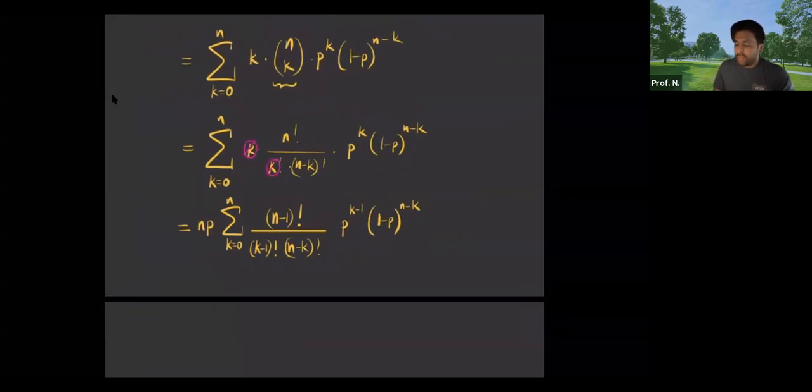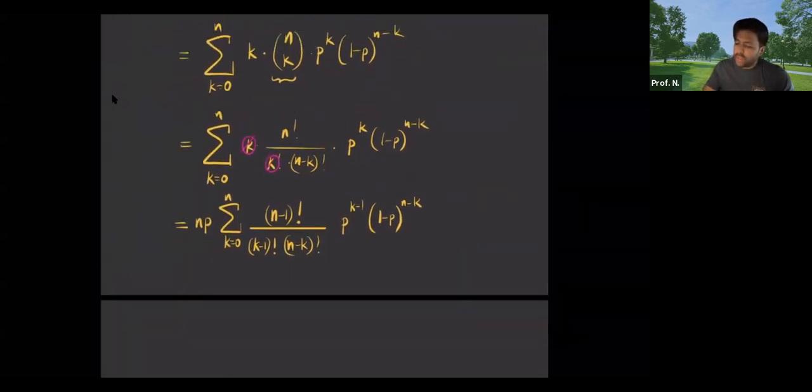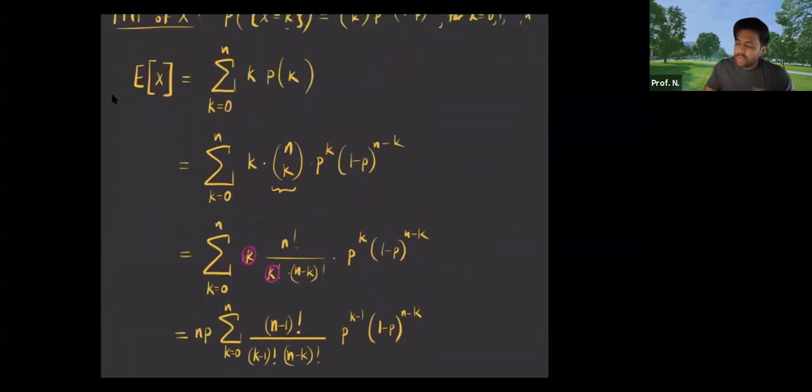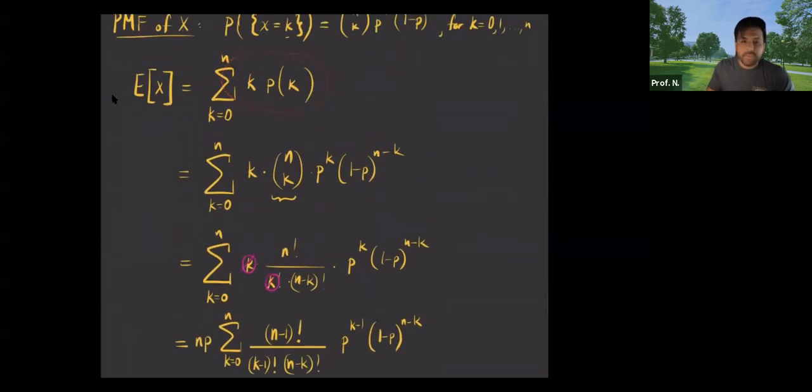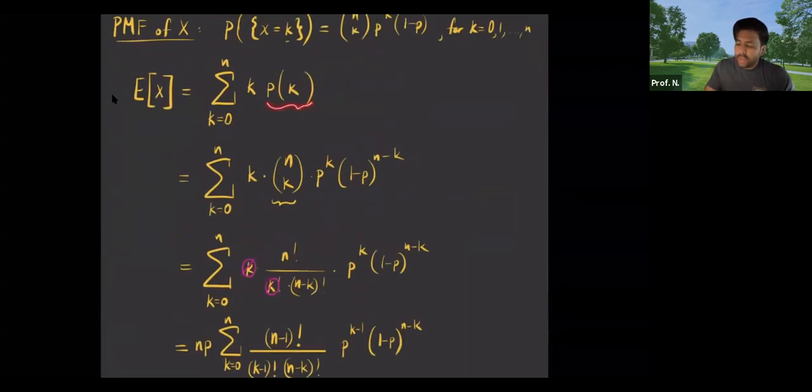Everyone with me so far? Does everybody see what I'm doing? Yes. So all I did was use the definition of expectation. I am using the fact that the probability of this value of x is a binomial, so I know what the probability will be.